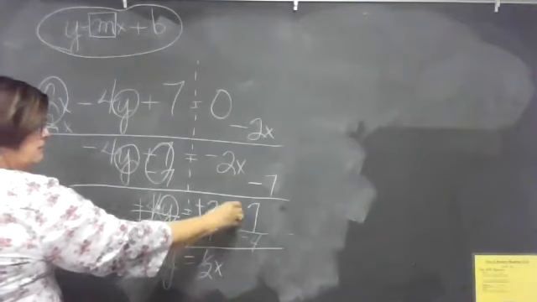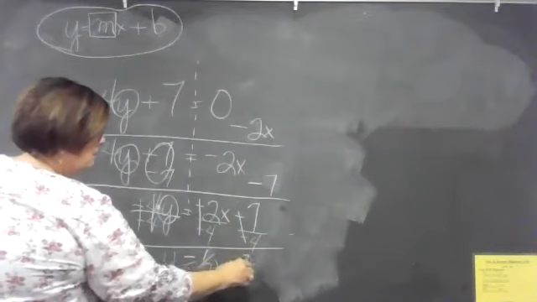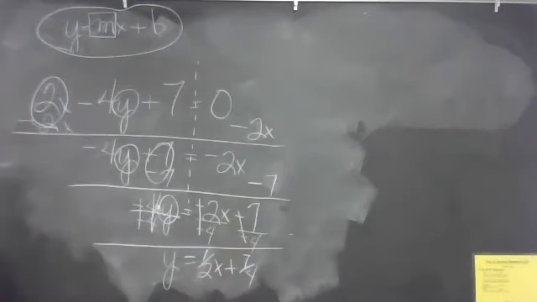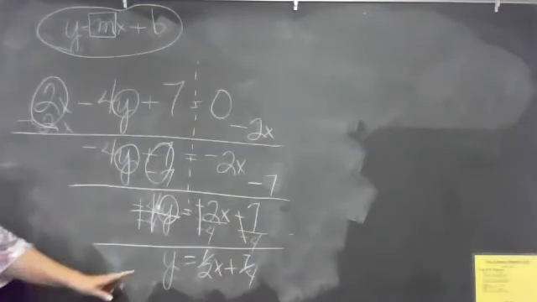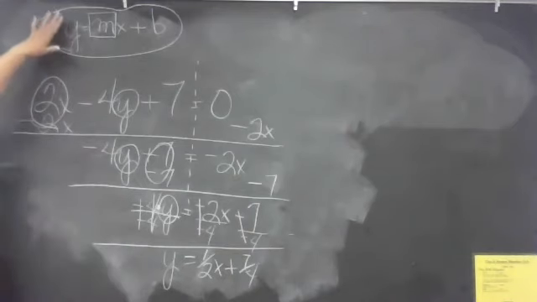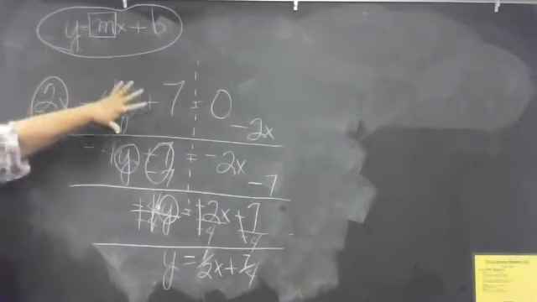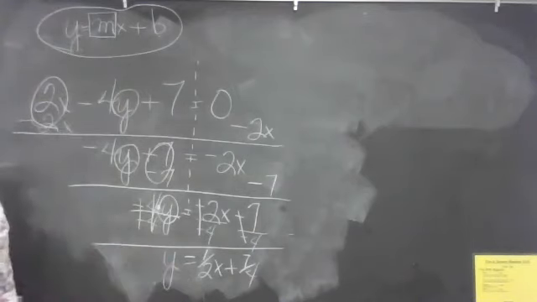The negative and negative cancel, so I have a plus 7/4. Now I am to the point that y is by itself. It fits this pattern. So what is the slope of this line? 1/2. Y'all see how this is going to work?